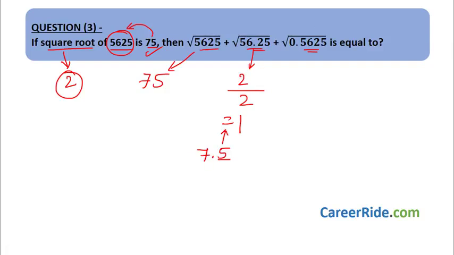75 squared is 5625, 7.5 squared is 56.25. Because we know 7.5 has 1 decimal place after the decimal point, in the square it would be 2 decimal places when you multiply. Same way over here, after the decimal point there are 4 decimals. Since we are finding the square root, we have to divide it by 2 because square is related to the number 2. So how many decimal places should be there in the square root?